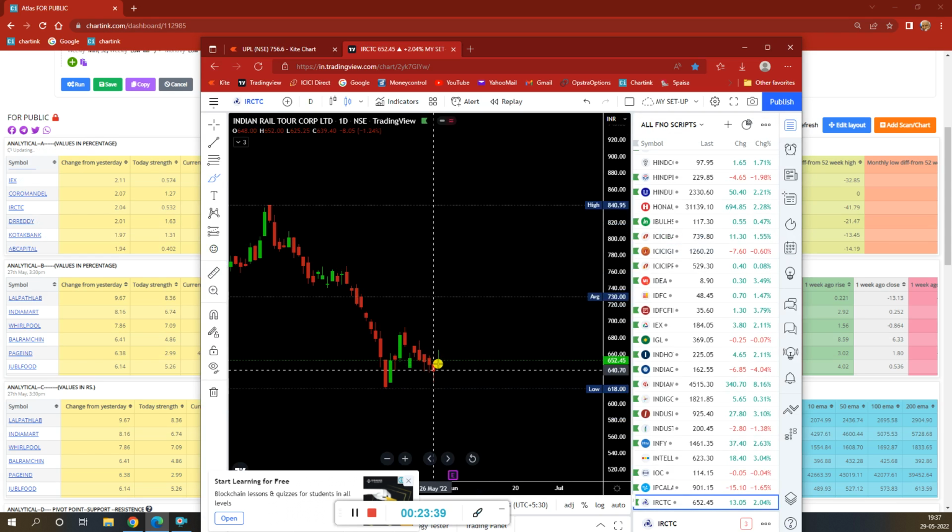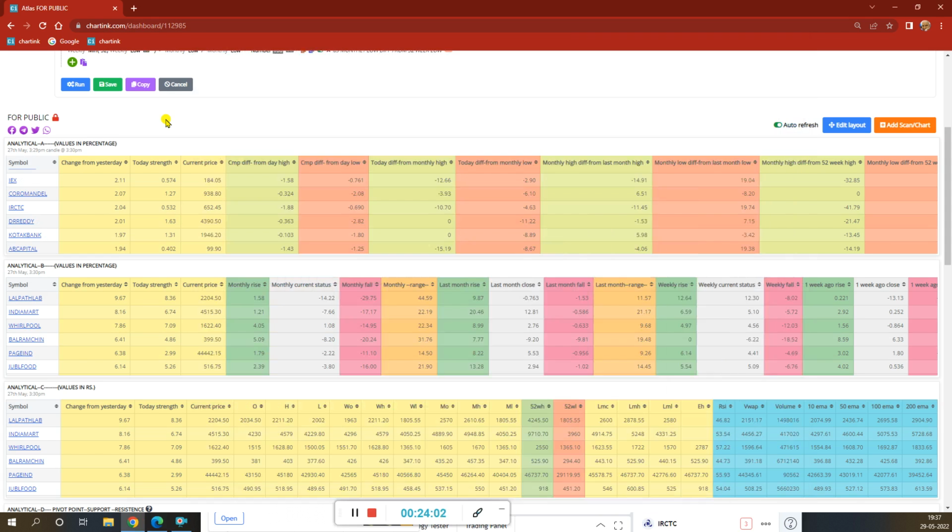This made a huge wick after opening, and then it is closing near the lowest level. What was the low for this? When I keep this crosshair on this candle, you can look at the low and the close. The low was 648, the close was 652, just 4 rupees away, and that makes it 0.69% away from the latest low, right?